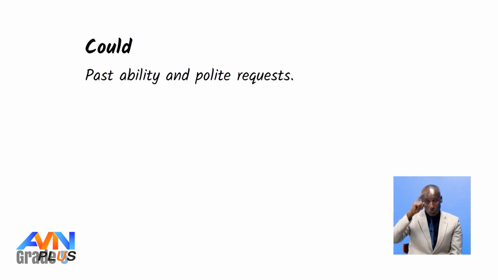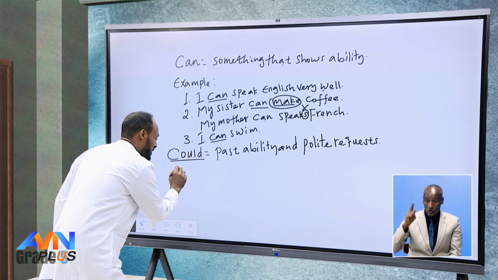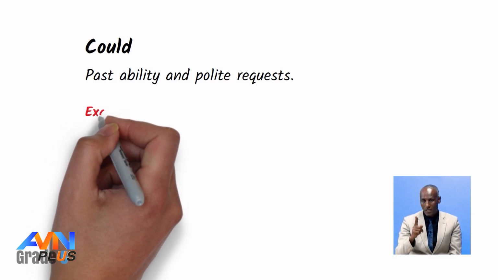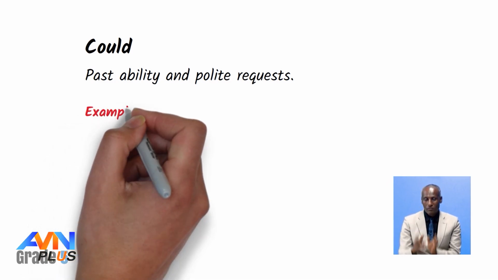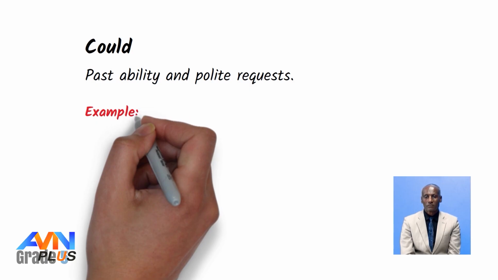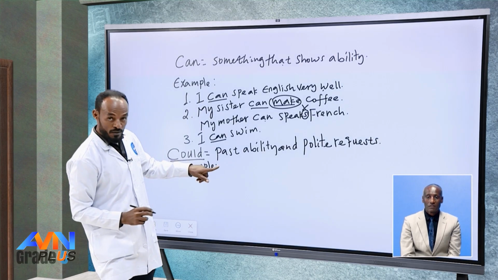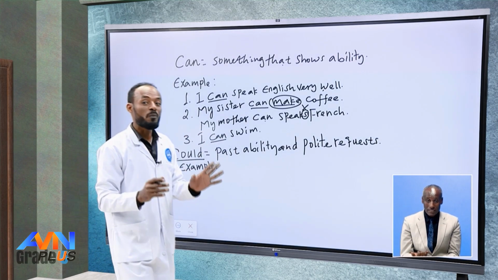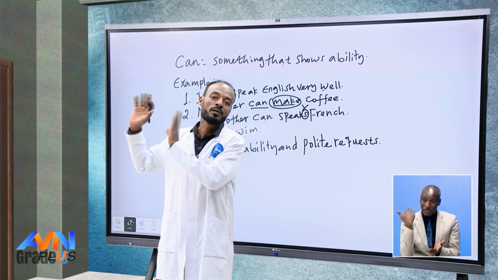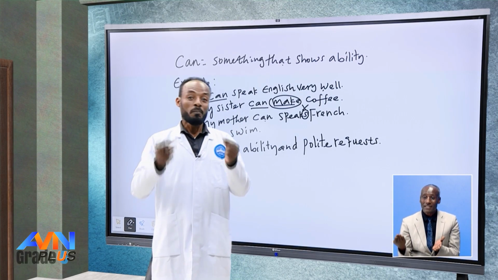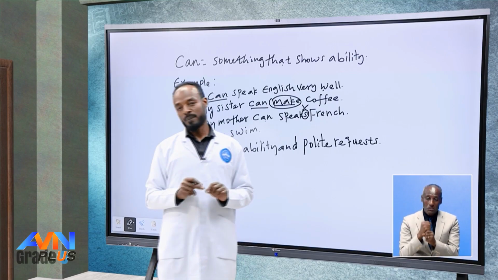Polite requests. Okay, let's say something about it one by one. Example. This one is present, whereas this one is past ability. It means something that you did in the past, but no longer at the time of speaking.